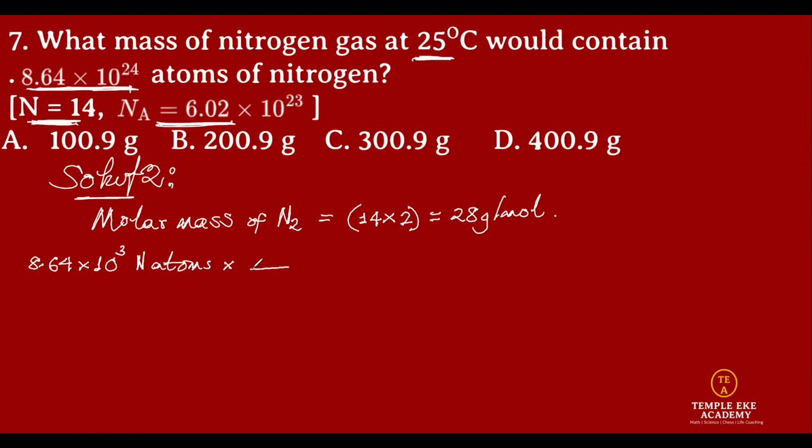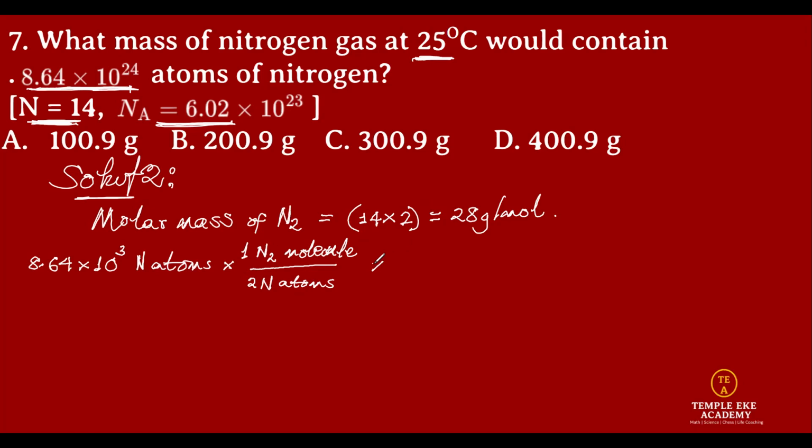So I like to target the denominator, nitrogen atoms. So we have to find a way to cancel these nitrogen atoms. There are 2 nitrogen atoms in 1 molecule of nitrogen. We go with 2 nitrogen atoms are present in 1 molecule of nitrogen. So I will say 1 N2 molecule. 1 nitrogen molecule contains 2 atoms of nitrogen.